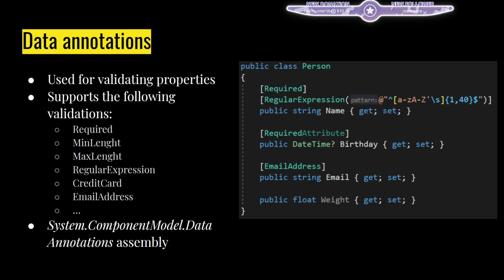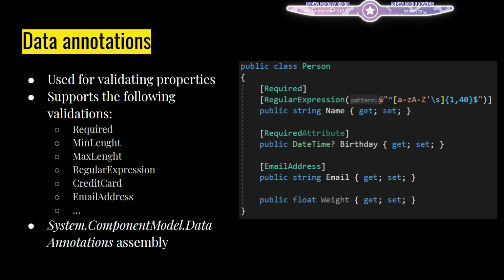You don't have to write your own regex, or your own custom validation because it's already done for you. And to use these attributes, all you have to do is to refer to the System.ComponentModel.DataAnnotations assembly, and here you have it.